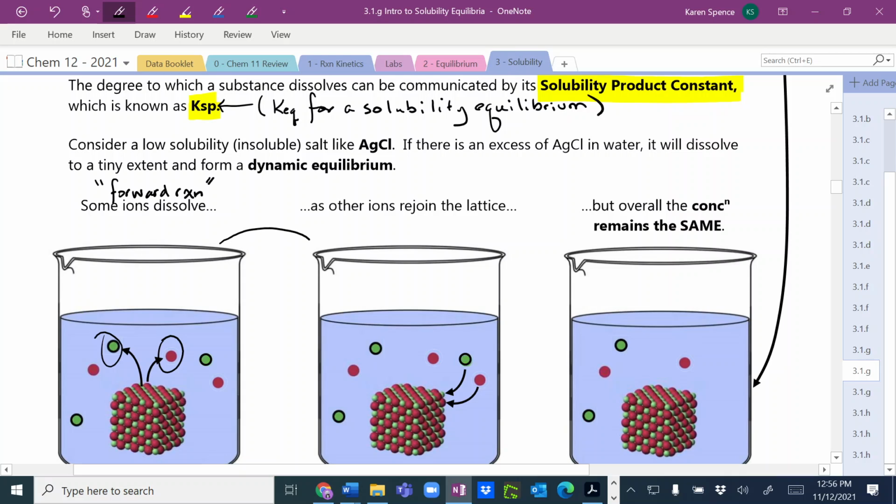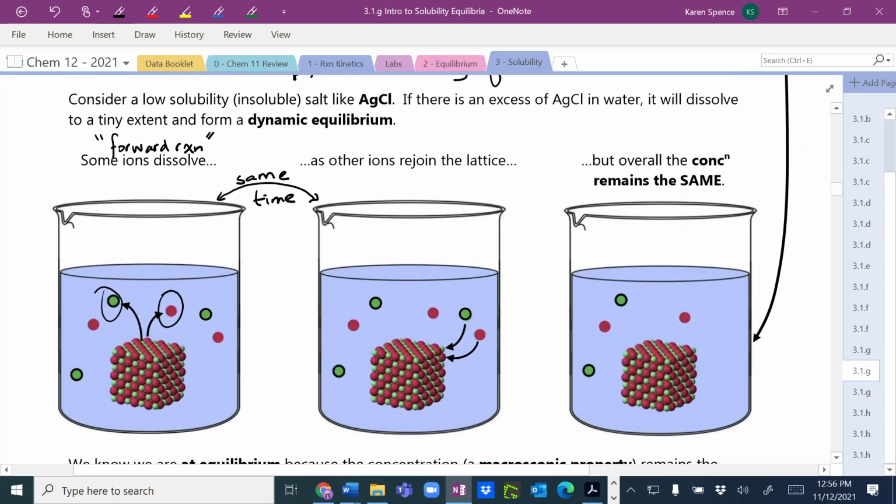But at the same time, these two are taking place at the same time. I just thought it got too messy if we drew it all in one. At the same time, you have other ions which are rejoining that lattice, that crystal lattice. Yeah? This would be our reverse reaction.